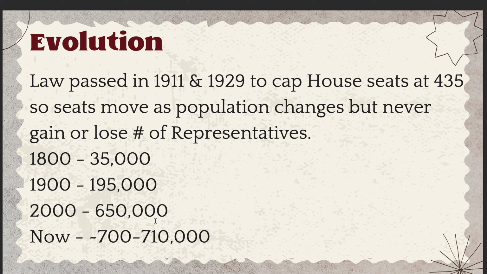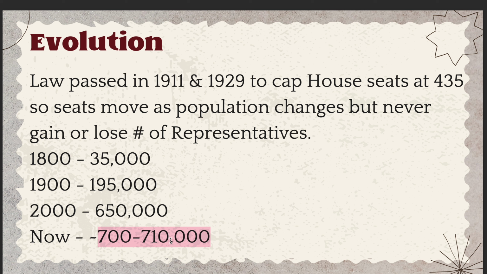But we obviously don't know exactly how many people are in every district. But it should be around this number, right? Which is the level of accountability. So now, one representative is accountable to this many people. It used to be this many people, but now it's this many people.